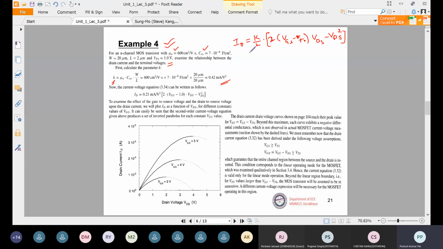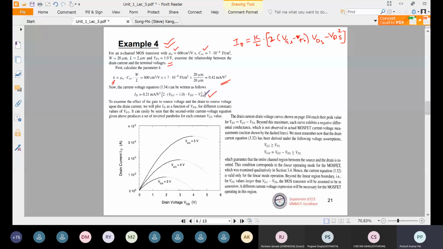This was the current expression for the MOSFET operating in the linear region. We will find the relation of how the gate voltage and drain to source voltage relate to the current. After putting in all the values, we get this as the expression: 0.21 into this.